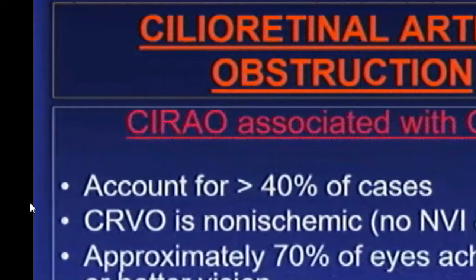Cilioretinal artery occlusion associated with central retinal vein occlusion accounts for more than 40% of the cases of cilioretinal artery occlusion, and it is the non-ischemic type. Approximately 70% of eyes achieve 20/40 or better vision, and 5% of patients with central retinal vein occlusion also have cilioretinal artery occlusion.